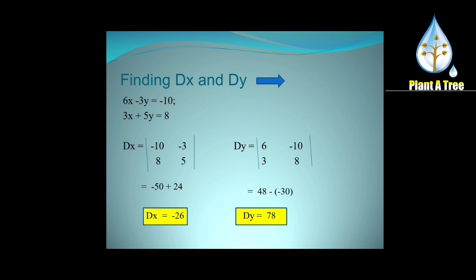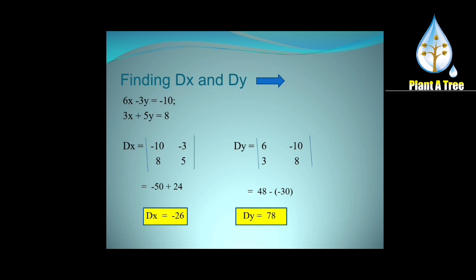Now let's find the values of Dx and Dy. How are Dx and Dy calculated? When we are finding Dx, we change the coefficients of x: instead of the coefficients of x we use the constant terms minus 10 and 8, which are on the right side of the equal sign, and the second column is minus 3 and plus 5, which are the coefficients of y.